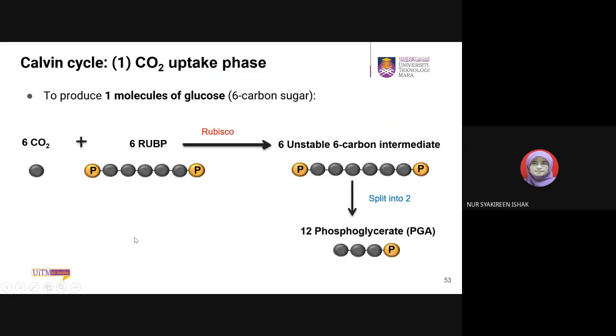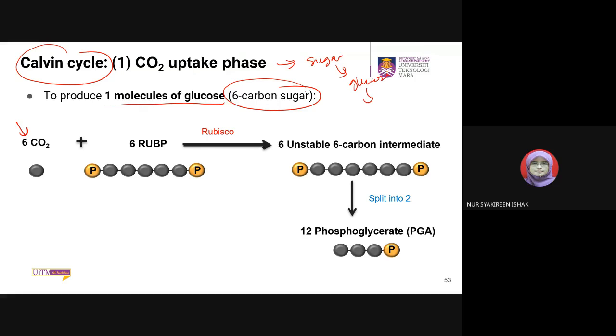So kalau tengok kat dalam gambar ni, to produce 1 molecule of glucose, which is a 6-carbon sugar, the carbon cycle requires 6 molecules of carbon dioxide. Ingat, matlamat carbon cycle untuk hasilkan sugar. Sugar yang terhasil masa photosynthesis adalah glucose. Glucose is a 6-carbon compound.